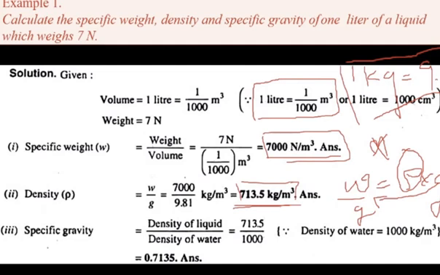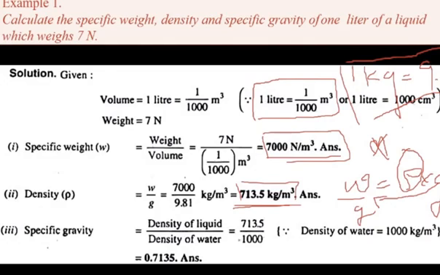Next, what are they asking? They are asking us to find specific gravity. So what is specific gravity? Density of liquid to the density of water. When it is asking liquid, we have to take the standard quantity as water only. So density of liquid, we have already found it, that is 713.5.